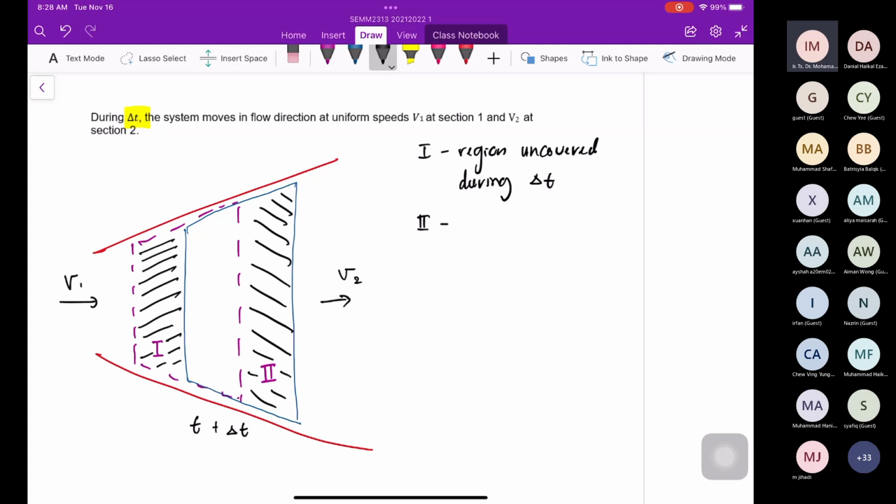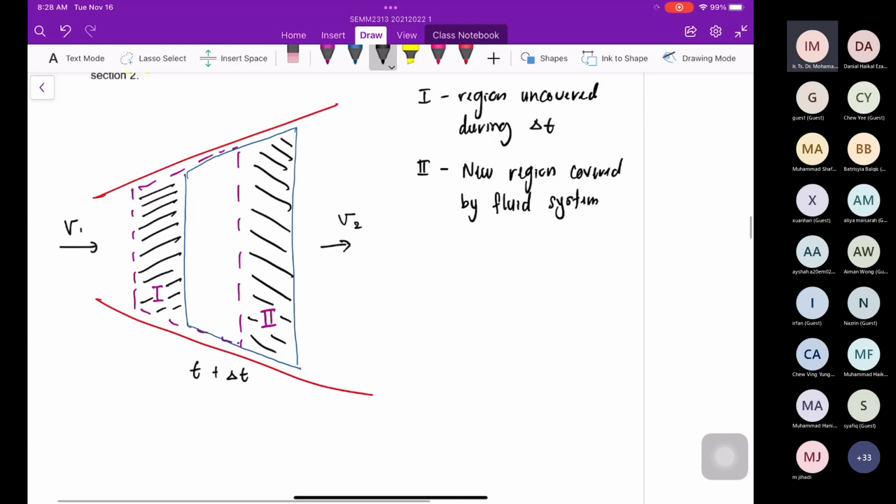For region 2, the new region covered by the fluid system, however, it is not part of the control volume. Remember, the control volume must be the purple color. Alright, purple color.